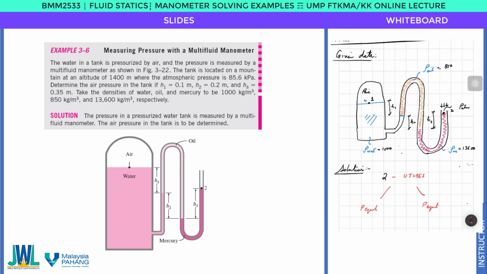What is the first location where the pressure is equal? At this location the pressure is equal, and at this location the pressure is equal. Let's say this is X, X dash, X double dash.